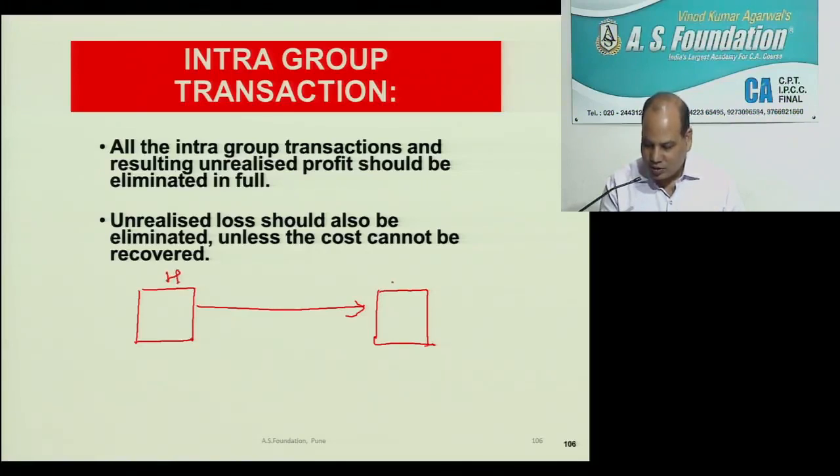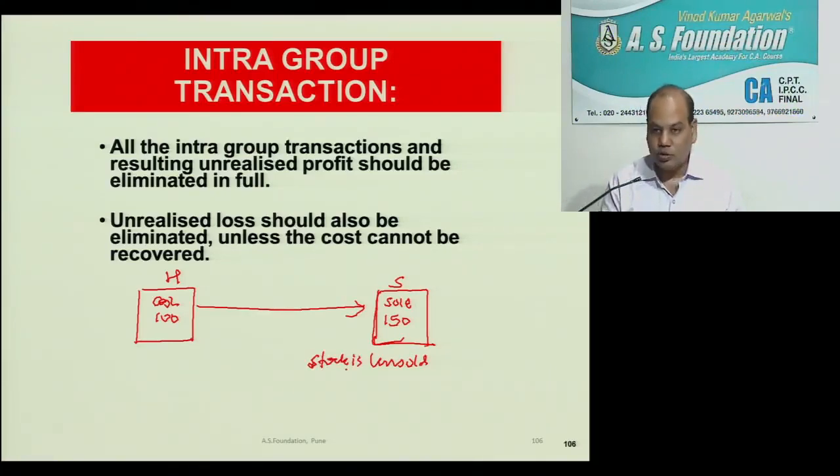So H Limited purchased goods for 100 rupees, sold to S Limited for 150 rupees. Inventory purchased for 100, sold for 150. So what is the challenge now? There is a 50 rupees profit earned by H, and assuming that the stock is unsold at the end of the year, you are going to add the subsidiary's inventory with holding company's inventory.